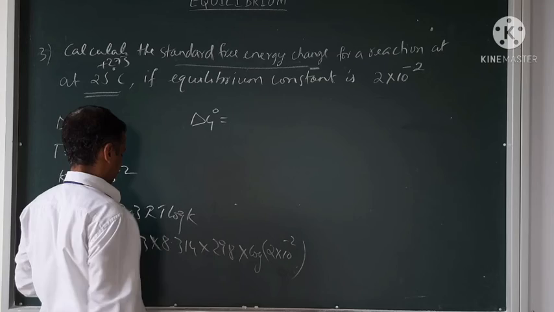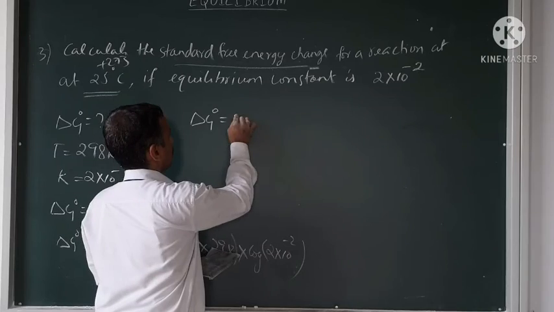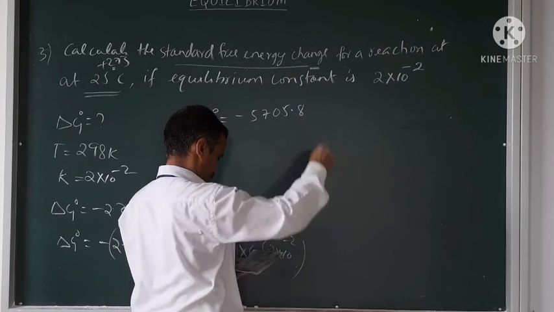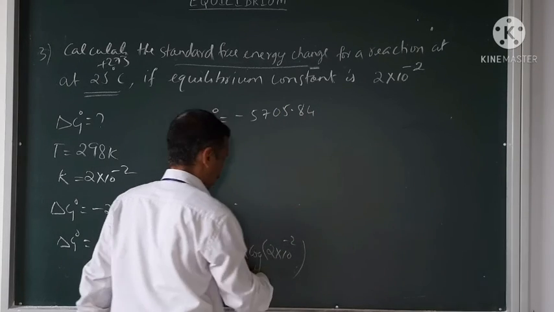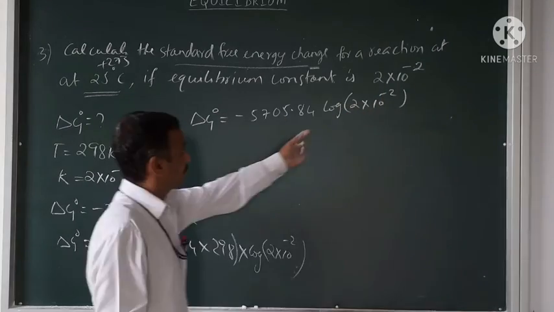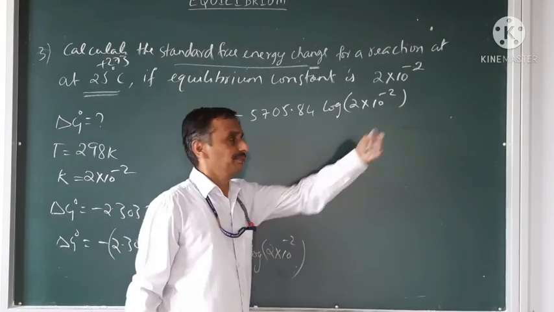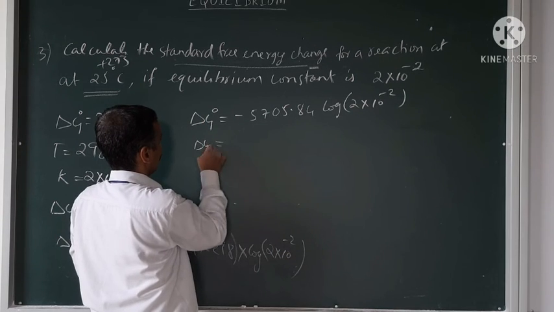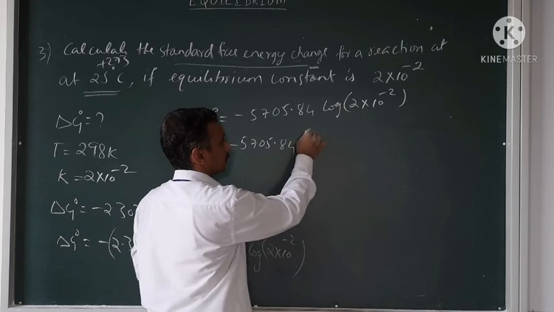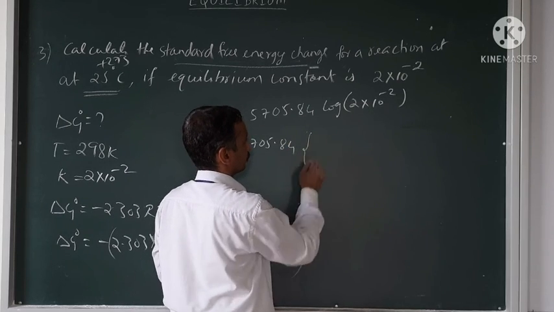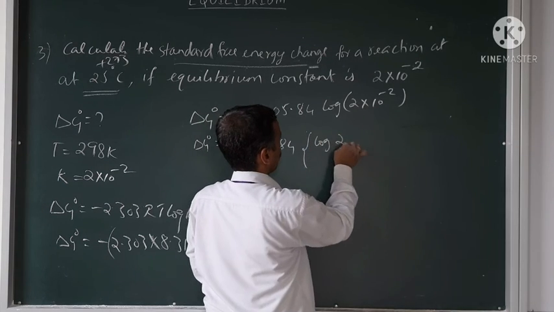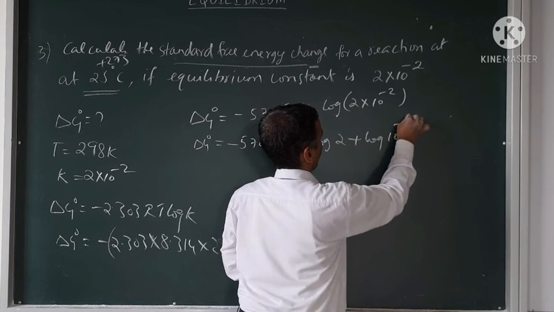Delta G naught is equal to, calculate the values, minus 5705.84. Then log of 2 into 10 over minus 2. Here, this is in the form of log AB. So delta G naught is equal to minus 5705.84 whole into log AB, which is log A plus log B: log of 2 plus log of 10 over minus 2.